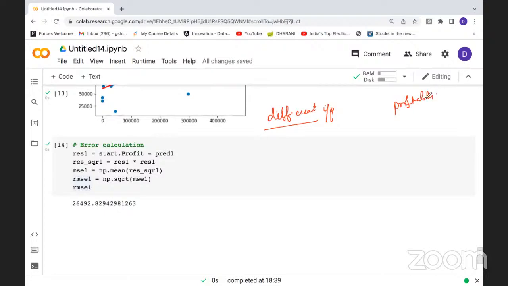One conclusion you can draw, or else you can apply some kind of transformations to your data, to the column, so that you can improve your R square value.